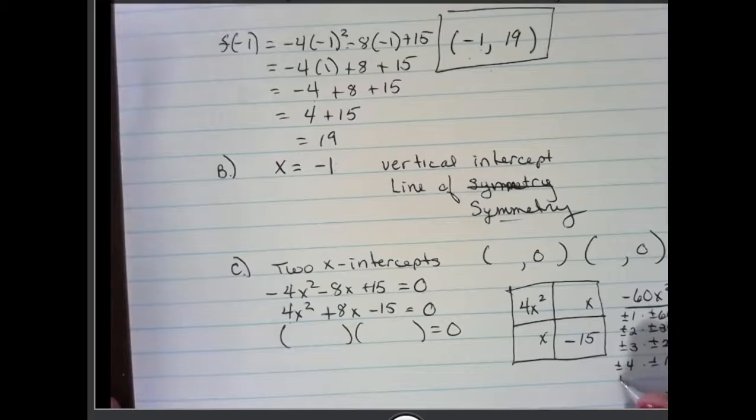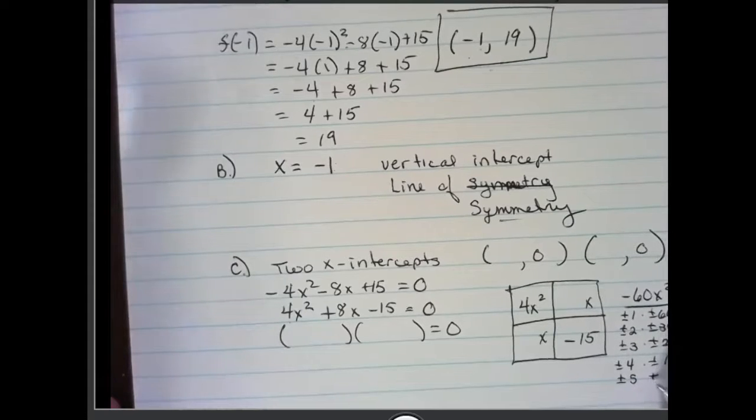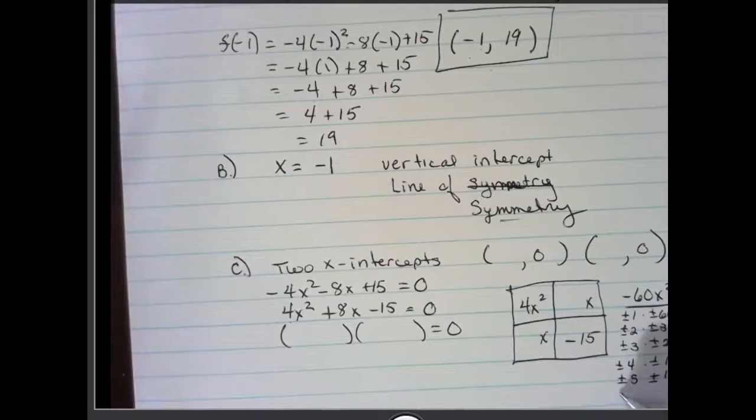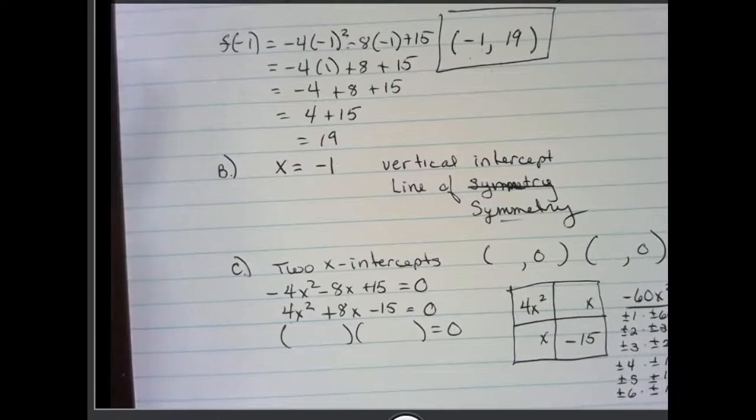What about 5? Plus or minus 5 times plus or minus, let's see, is it 12 would give us 60? Yes. That would be, well, if it was 7, we would be good, because we're not getting 8. Well, what about 6? Plus or minus 6 times plus or minus 10. That still is not going to give us an 8.